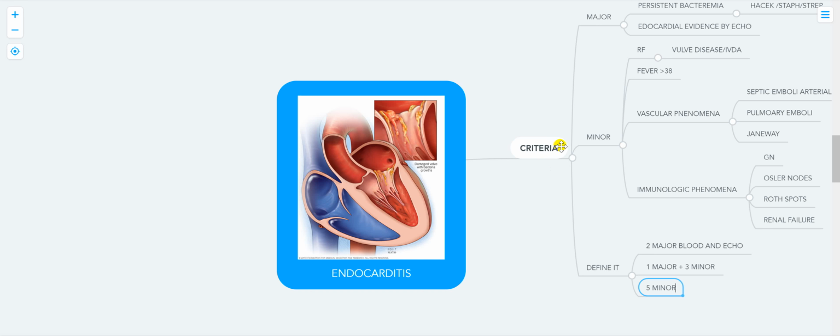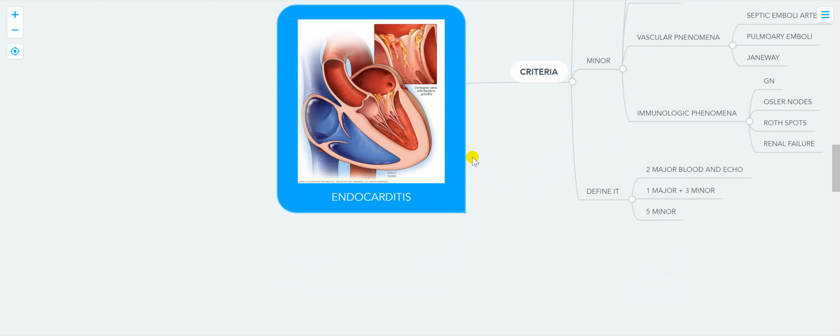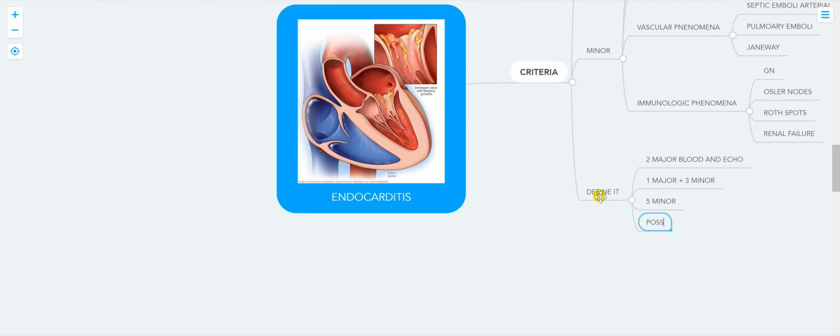Possible endocarditis: if there is one major and one minor, almost every bacteremic patient, or it could be 3 minor. So possible, not definite endocarditis, could be 1 major, 1 minor in any bacteremic.